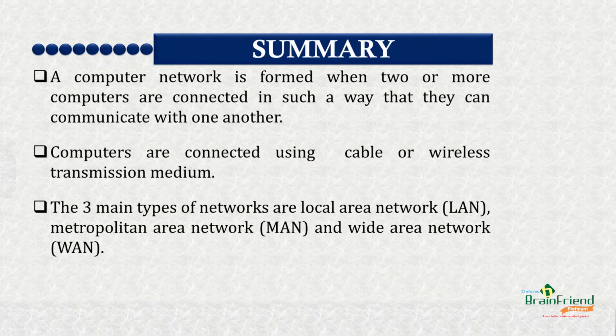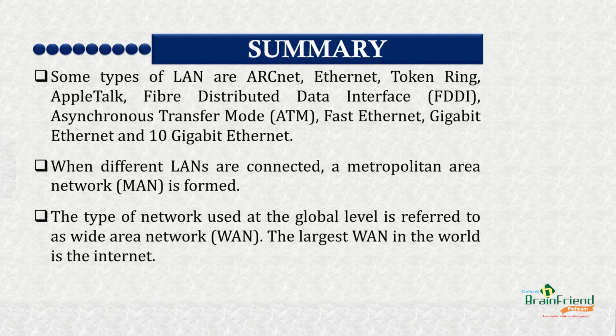But before we leave, let's have a quick summary. We learned that a computer network is formed when two or more computers are connected in such a way that they can communicate with one another. We also learned that computers are connected using cable or wireless transmission medium. Next, we learned that the three main types of networks are local area network, LAN, metropolitan area network, MAN, and wide area network, WAN.